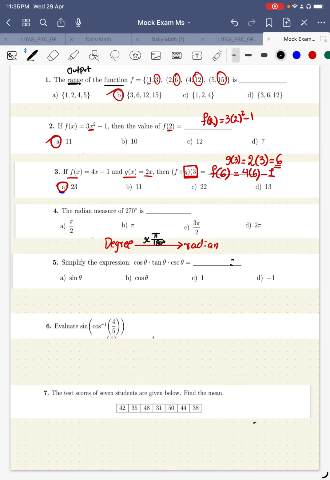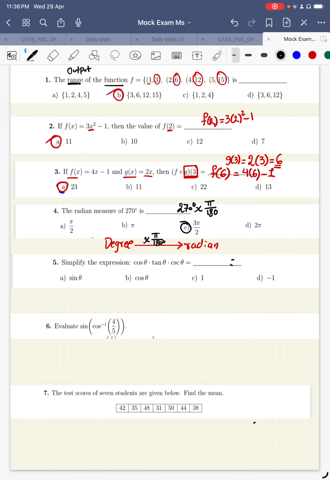So now I have the angle 270 degrees. To change it to radians, I'm going to multiply it by pi over 180. If I use the calculator, I'm going to have the answer letter C, which is 3 pi over 2.